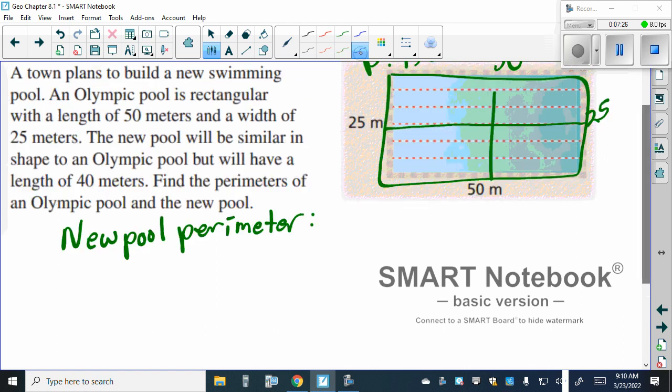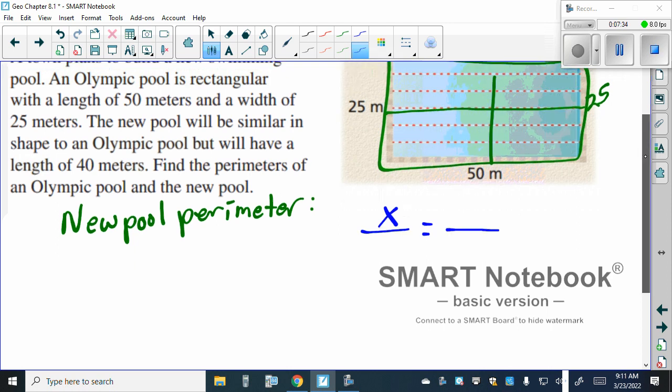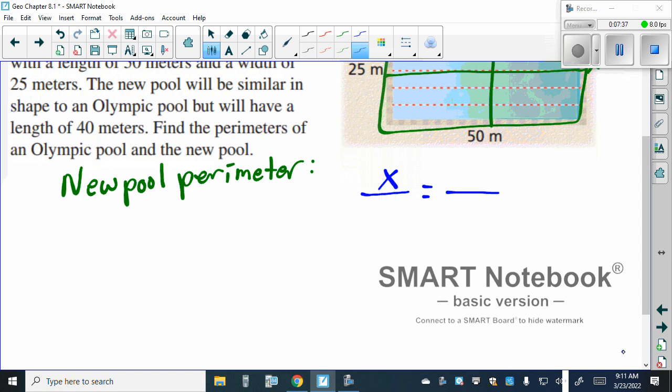Well, if we're setting up our proportion, just kind of like what we did the last time, the perimeter is what we want to find, yes? And we would put it over what? The current perimeter, which is 150. Now they told us the new length is 40, and we would put that over what? 50, because they told us the length of the original pool is 50.